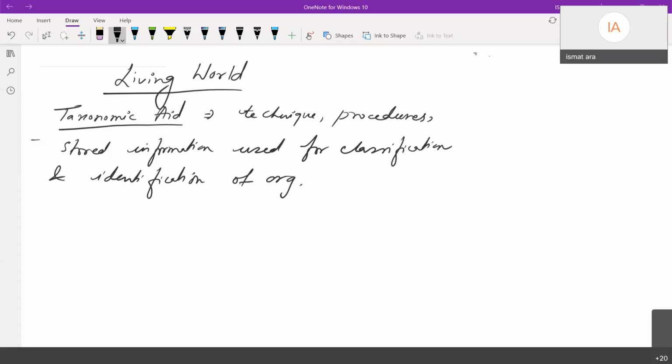Okay. Now, what is the taxonomic aid doing?